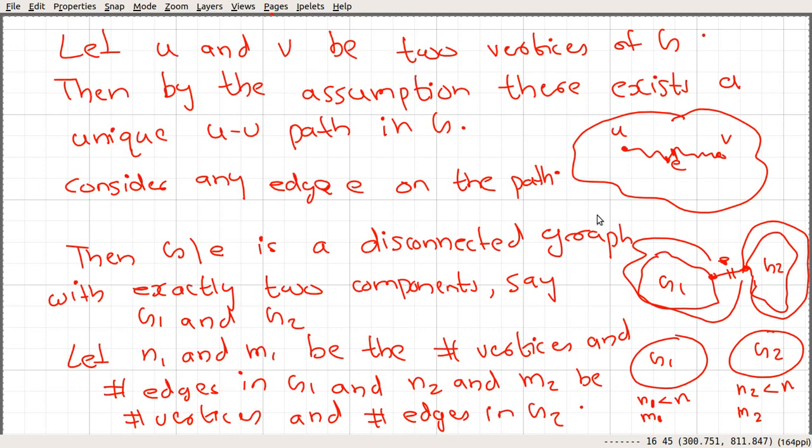But here we deleted one edge, so if you add m1 and m2, that will be equal to m minus 1, because we deleted this edge from our graph G. This is our graph G and we deleted this edge E and have these two components.